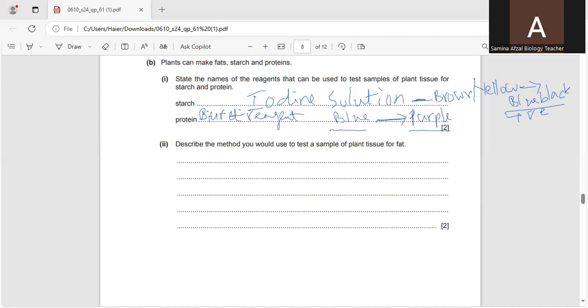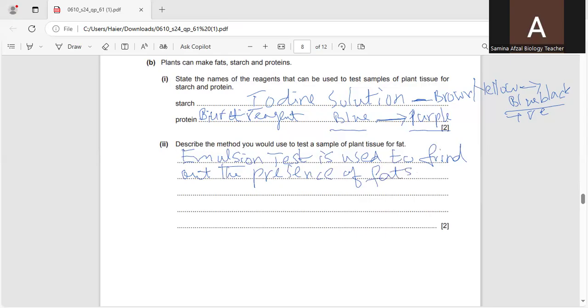And the next question is, describe the method you would use to test a sample of plant tissue for fats. For fats, the emulsion test is used. The emulsion test is used to find out the presence of fats.